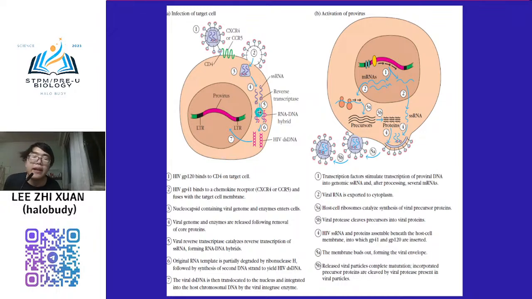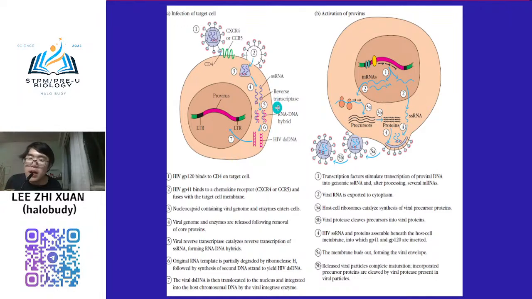It cannot. So this virus needs to use reverse transcriptase to form an RNA-DNA hybrid, to form DNA, because the reverse transcriptase function is to change RNA to DNA, the reverse.